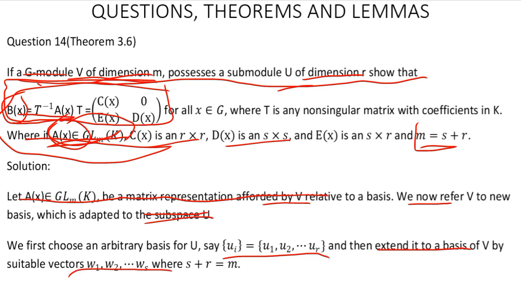We're able to stop at S because we know that the dimension of the vector space V is M. So we stop at S so that when you add S plus R, you get M, because we're extending this basis to that of V. Basically we're just adding more vectors to those of U so that we get the whole basis for V. It can't exceed that of V. So we have assumed this based on the knowledge of the dimension of our G module V.